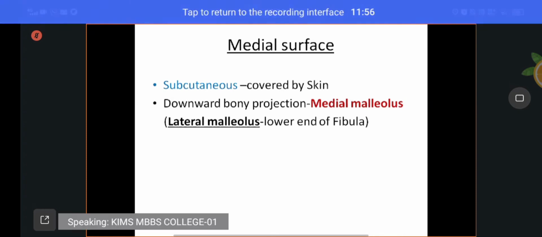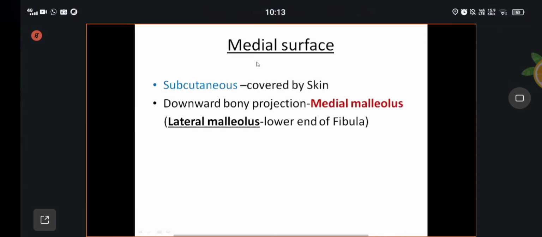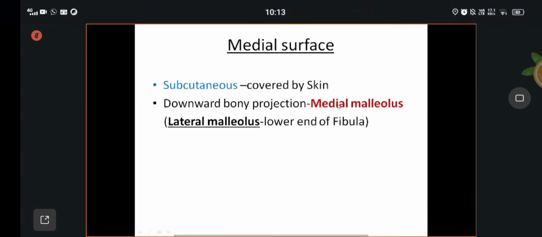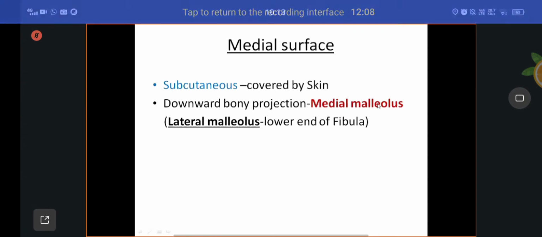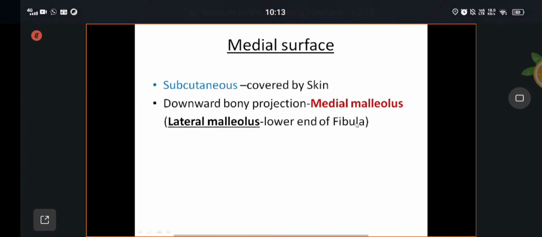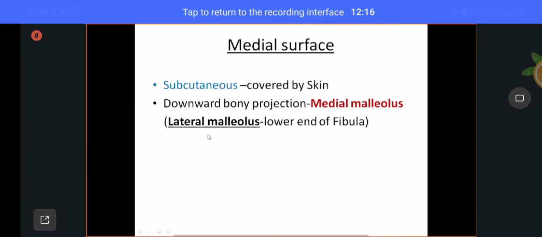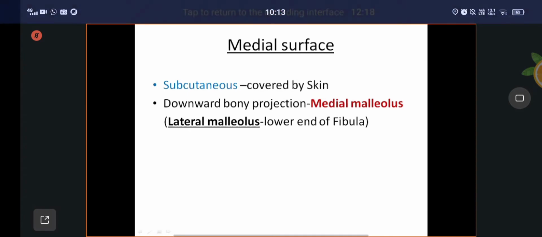Coming to the medial surface, it is subcutaneous. Sub means below, cutaneous means skin. It is covered only by the skin. Those structures are called subcutaneous. Covered only by the skin, but the downward bony projection is called the medial malleolus. Medial malleolus belongs to the medial bone, that is tibia. Lateral malleolus belongs to the lateral bone, that is fibula.